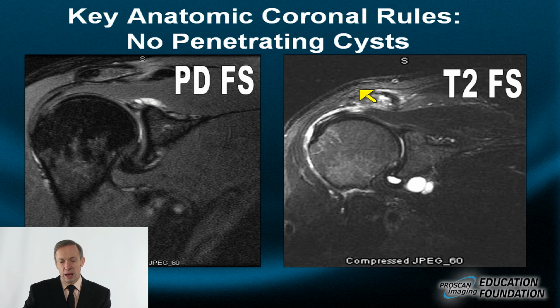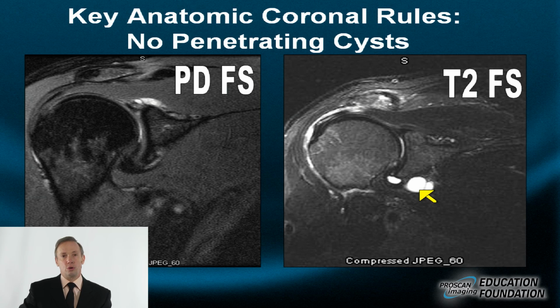And then we look down inferiorly at another patient. And another rule of thumb in the coronal projection is any fissures or clefts inferiorly that are composed of capsule or hyaline cartilage should never go out the medial side. And a second tenet is they should never be associated with paralabral pseudocysts.